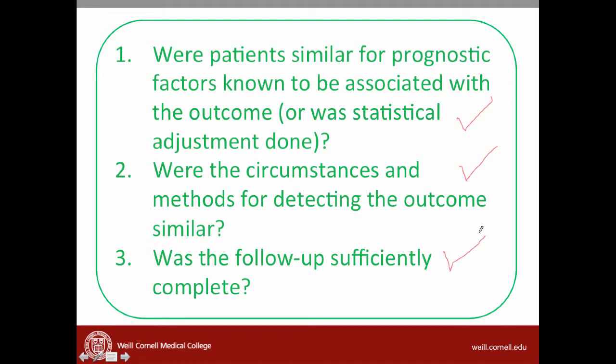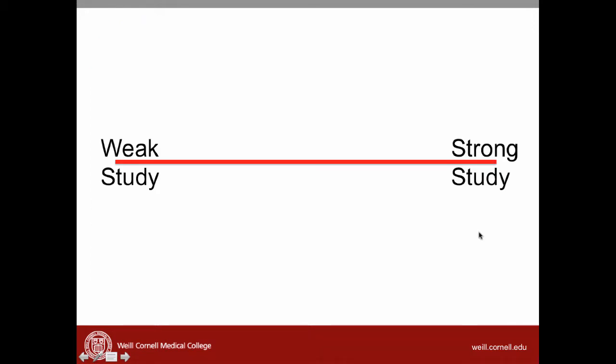Now that we've completed the validity criteria, let's pull everything together. Looking at our full checklist, we can see that the authors used statistical methods to control for characteristics that may affect the outcome. They also measured the outcome similarly for all patients in the study, and they had a good follow-up time. So the question is, are the results valid?